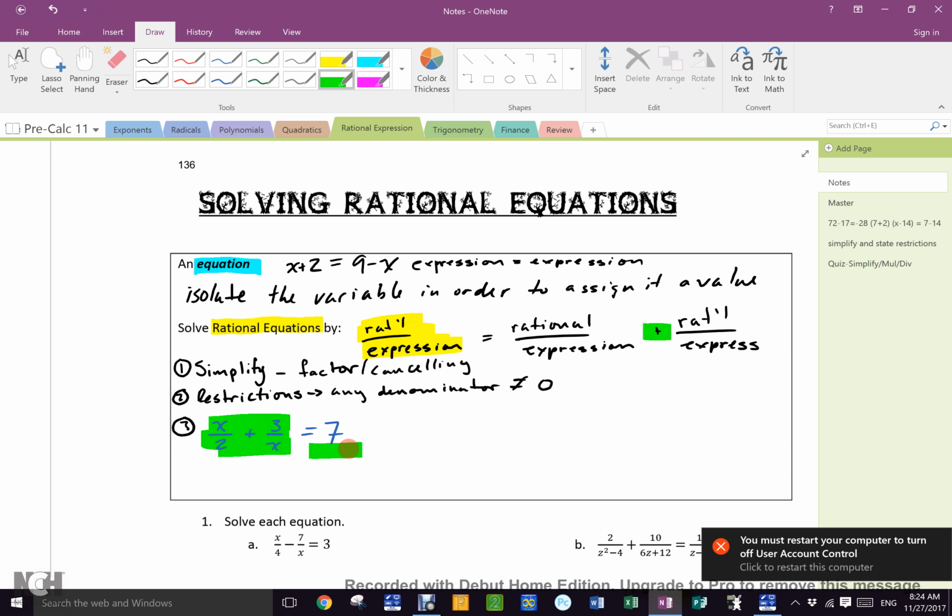And I'll give you an example of what I mean. If I gave you this, I don't want to make that over 2. I want to make that, oh yeah, that can be over 2.